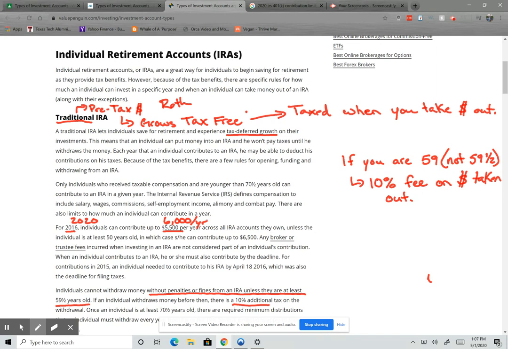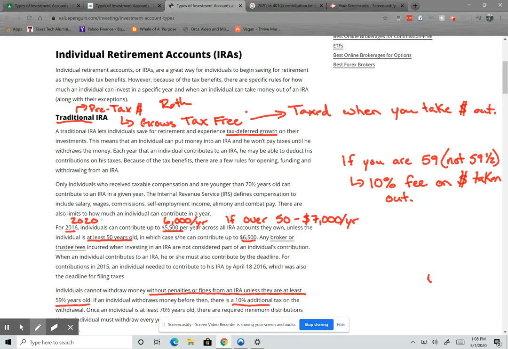So for 2016, if a person's over 50 years old, they can contribute $1,000 more. Same thing applies here. If over 50, you can contribute $7,000 a year now that we're in 2020.